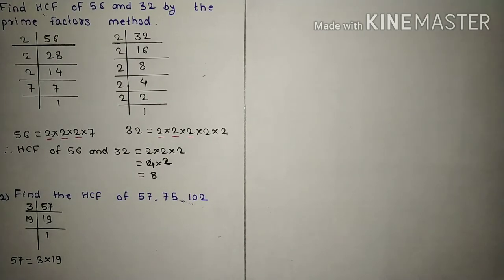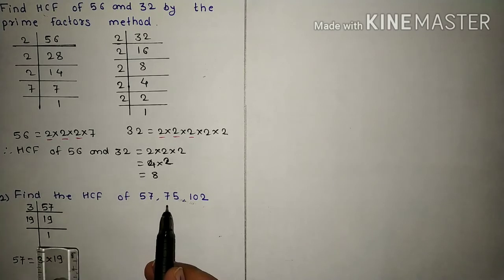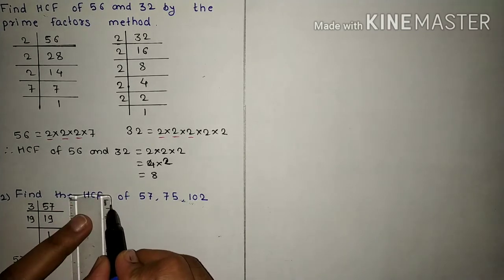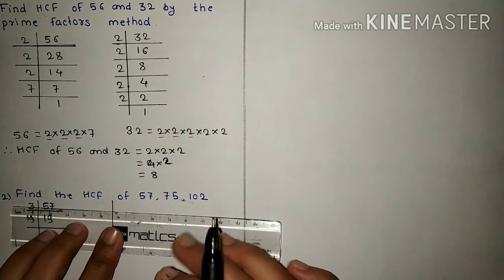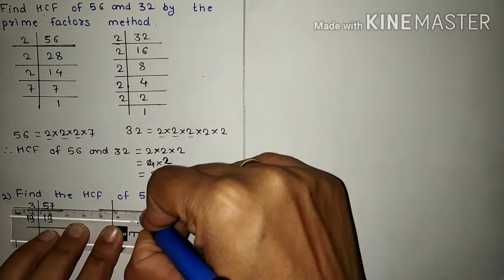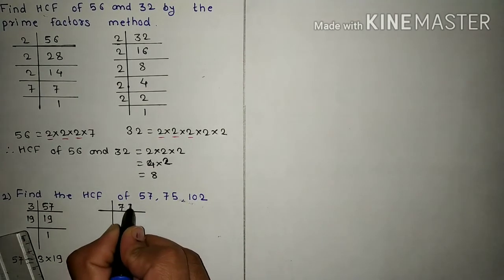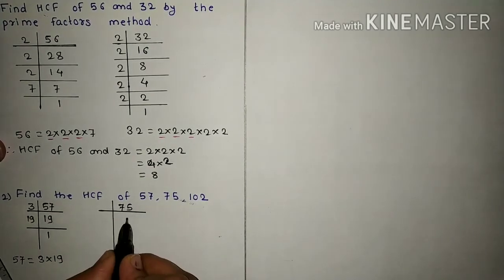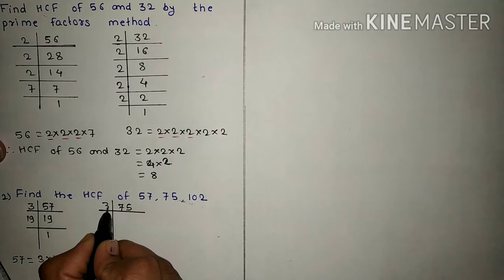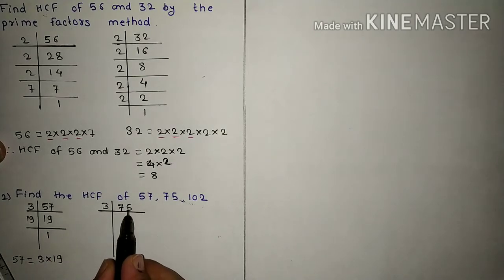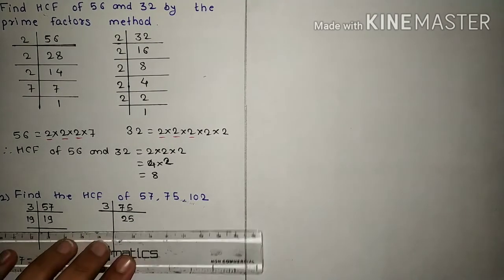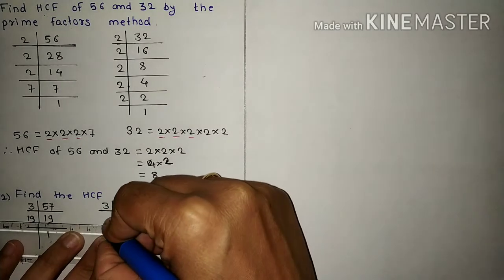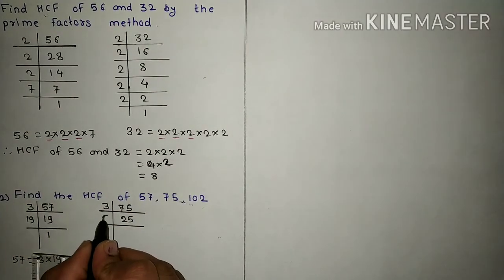Okay. Now we have to find prime factors of the next number, that is 75. So write in this way, 75 right here. 75 is divisible by 3. So when we divide 75 by 3, then we get 25. Now 25 is divisible by 5.